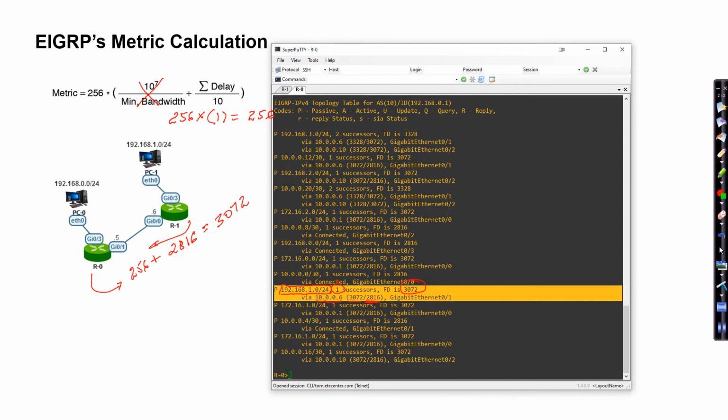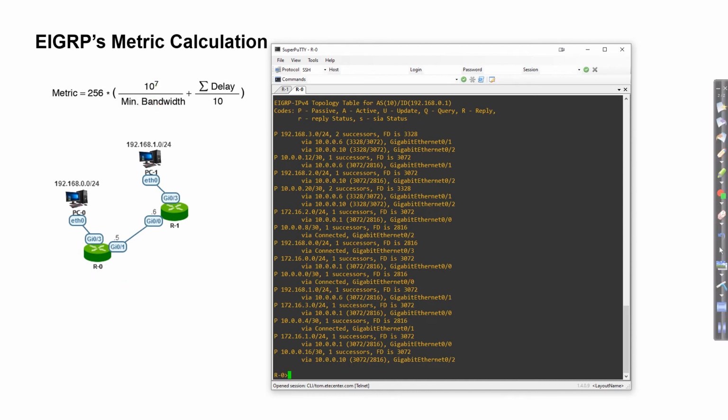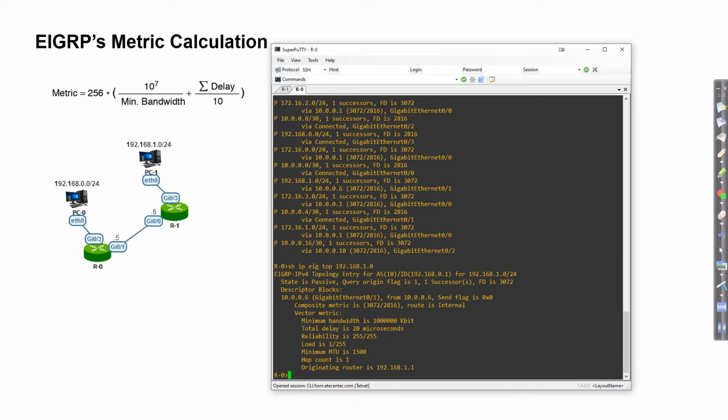Let's take a look at more detail about this network in the topology table. And the command is show ip eigrp topology for 192.168.1.0. First, the topology is for autonomous system number 10 for the 192.168.1.0.